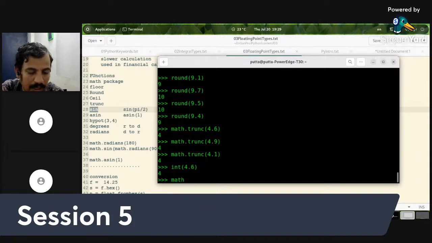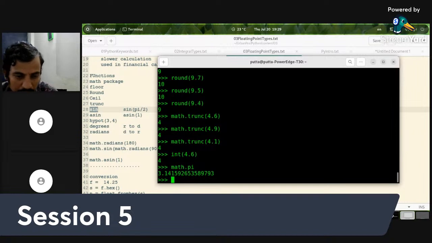In math, we also have some built-in constants available. So if I type math.pi, what are you seeing here? The value of pi. Okay, so you don't need to remember the value of pi from now on.